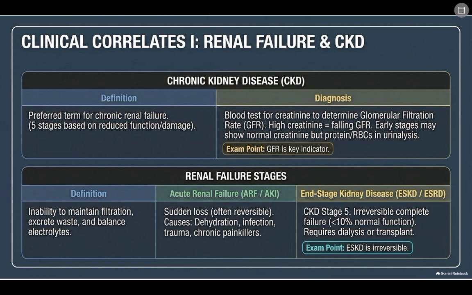But when the creatinine concentration is high in the blood, something should start coming into your mind, which is that the glomerular filtration rate is failing. Because the glomerular filtration rate is responsible for filtering out this creatinine to maintain its level in the blood to be normal or low. But since it is high, it simply means that the GFR is not working.